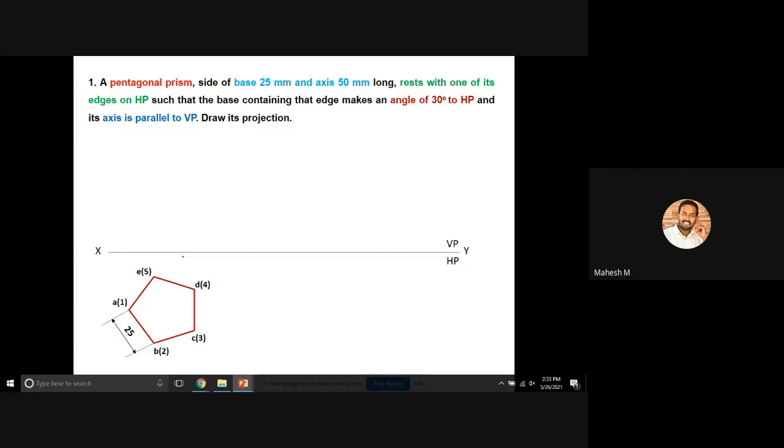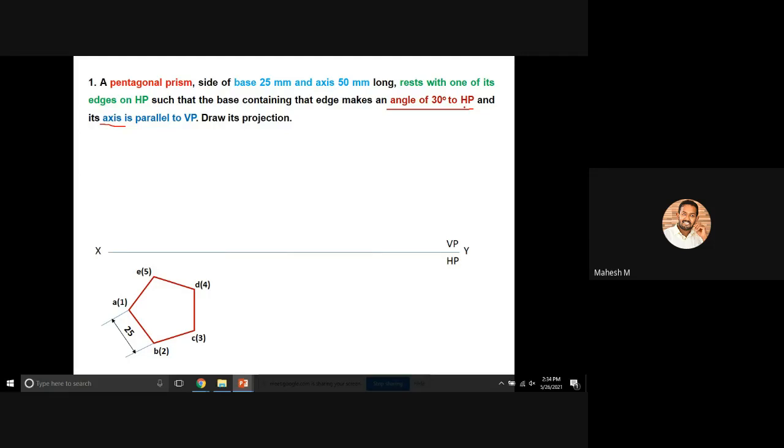Okay, so after creating this, you have to know the center axis for this solid. Because we have already discussed that the axis is parallel to VP, and the axis makes an angle of 30 degrees to HP.